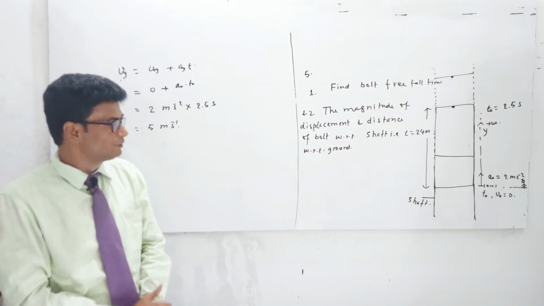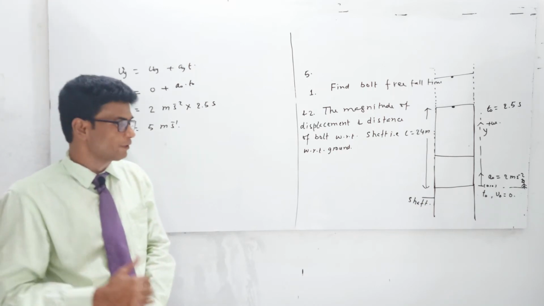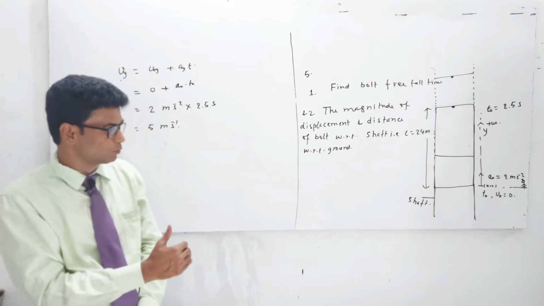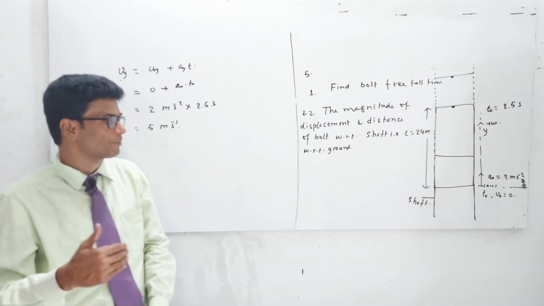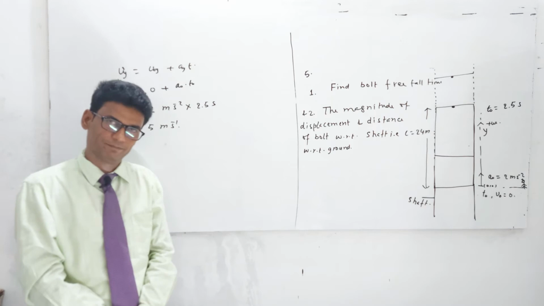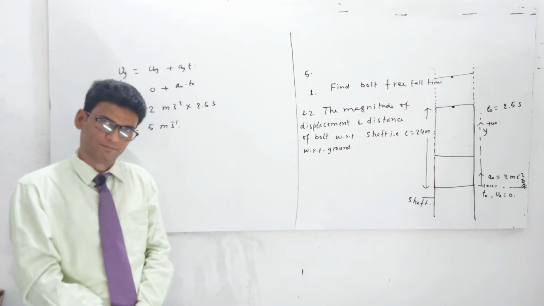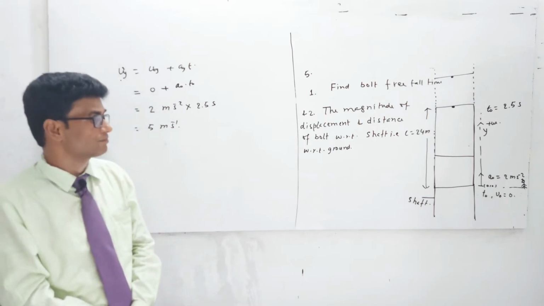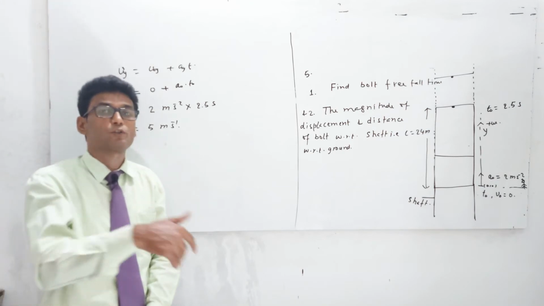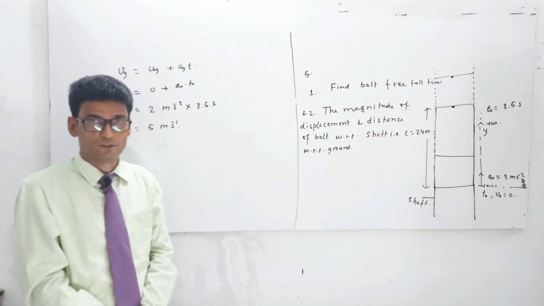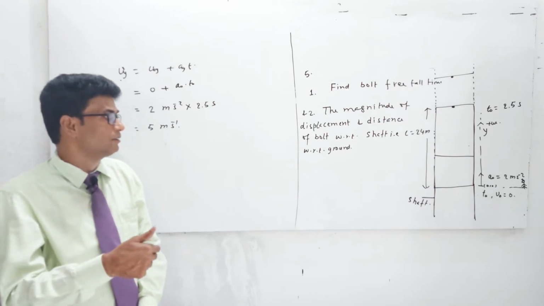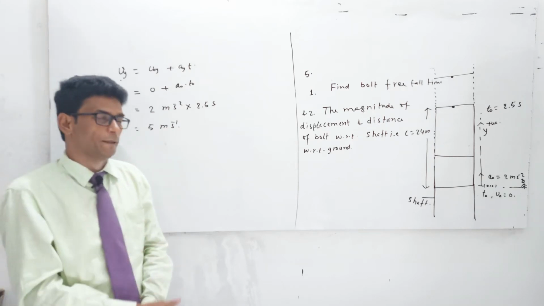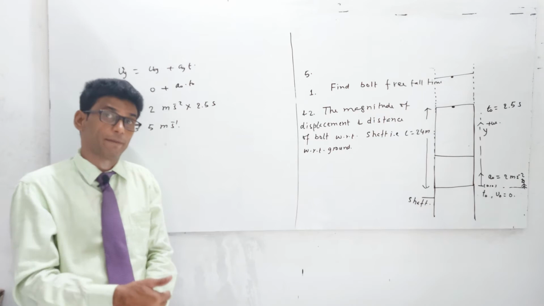We may find the free fall time with respect to the ground frame as well as with respect to the elevator frame, using the concept of relative velocity. So we are going to find the bolt free fall time with respect to the cabin.